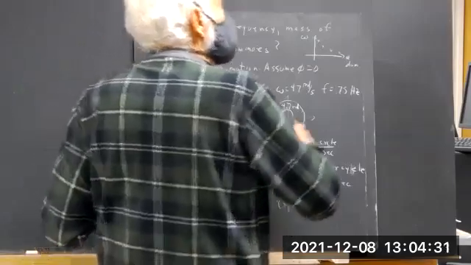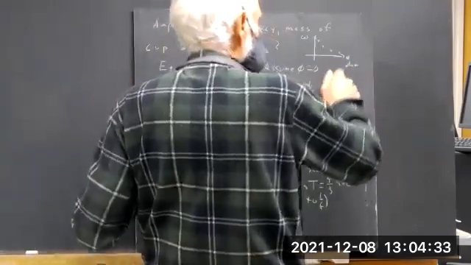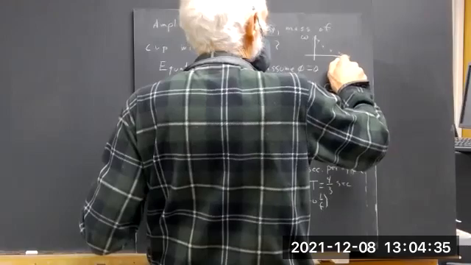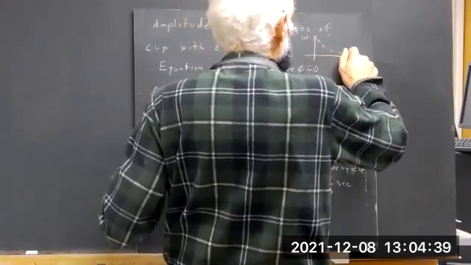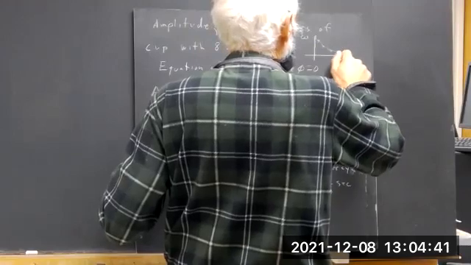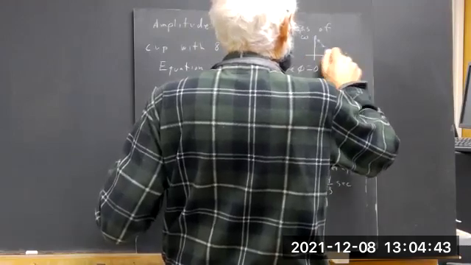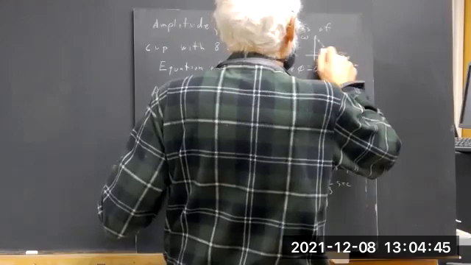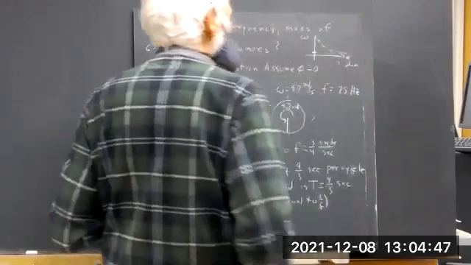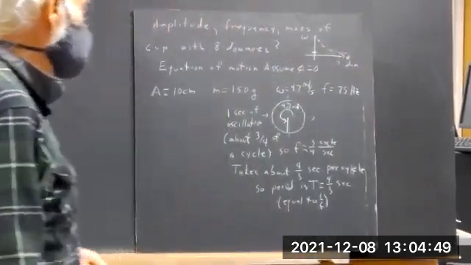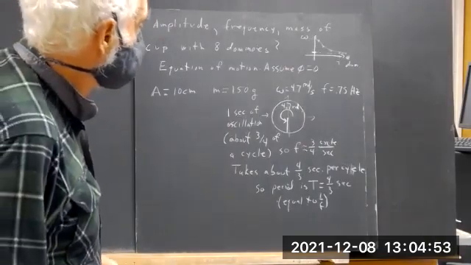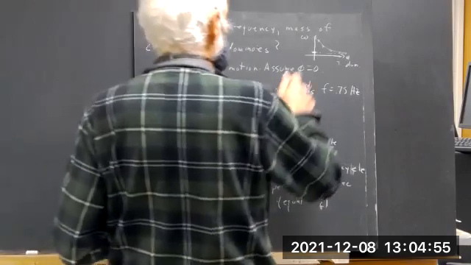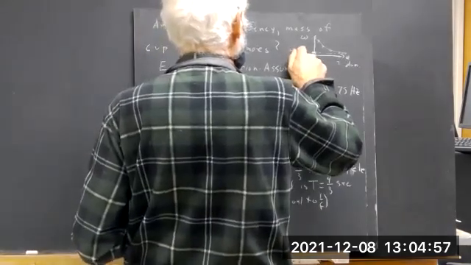Well, it turns out that the graph only goes up to 7 dominoes. So we have to sketch the curve and extrapolate a little bit and estimate from this point what omega was. Okay. Now the estimate came out 4.7 radians per second.